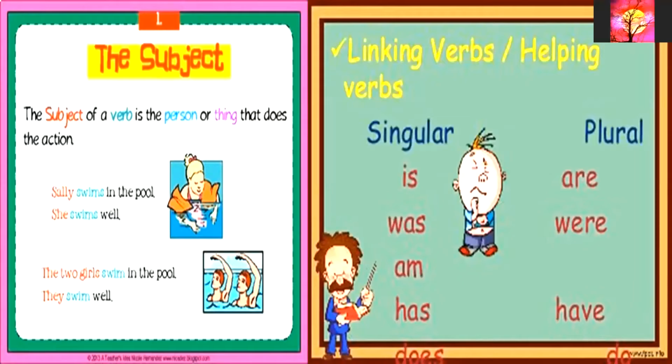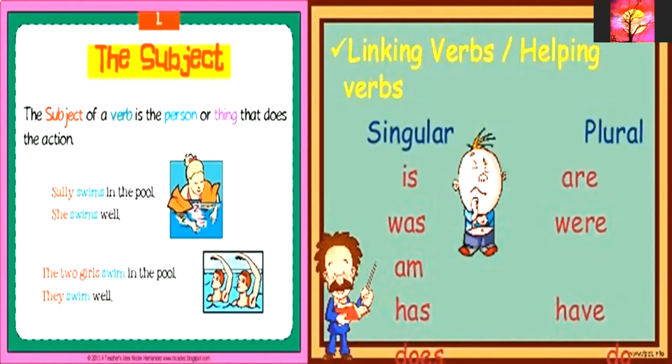Now, let us try to see which are the commonly used linking verbs or helping verbs. Generally, when the subject is singular in nature, then we use the linking verbs or helping verbs such as is, was, am, has, does. When the subject is plural, then we use the helping verbs are, were, have, do.